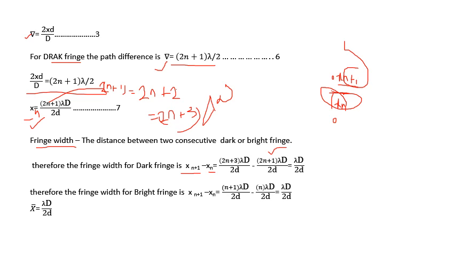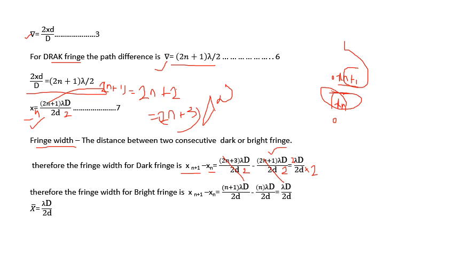Now we subtract, cancelling things: 2n by 2d is cancelled, and 3 lambda D is subtracted by 1 lambda D. So we get 2 lambda D by 2d multiplied by 2.